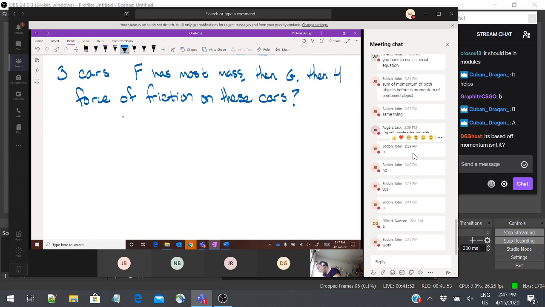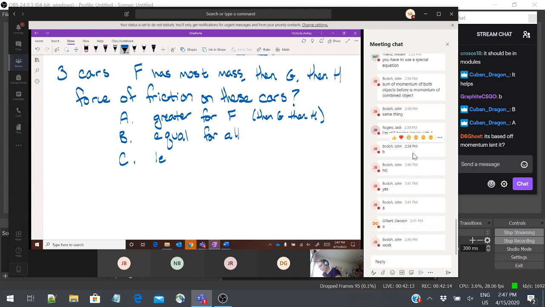Is it greater for F? Is it equal for all? Is it then G, then H? Less, greater for H. See, I've made a whole other question to help us answer this question.